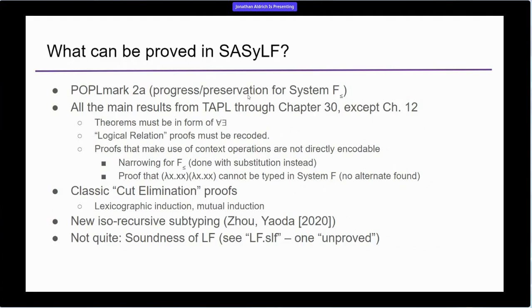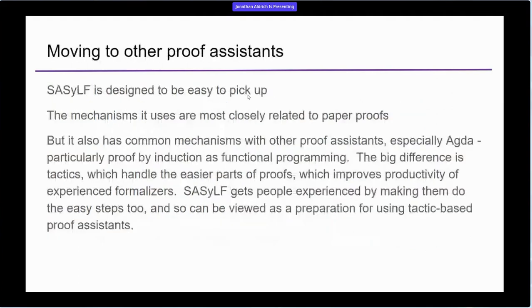Or no, you duplicated a result in a recent paper on isorecursive subtyping that is being presented at POPL on Wednesday, with a new extension. And then almost the soundness of LF, but one lemma unproved. So some work we still need to do, I guess.